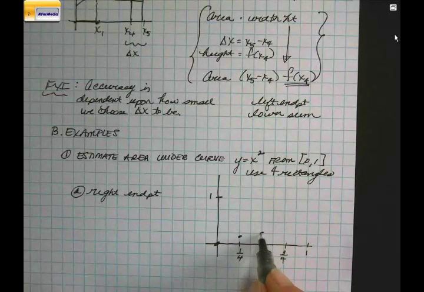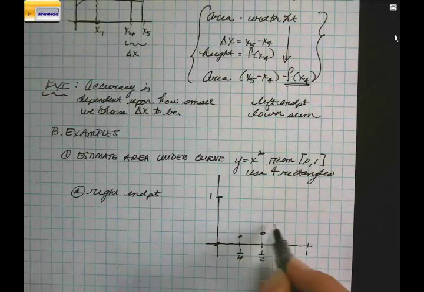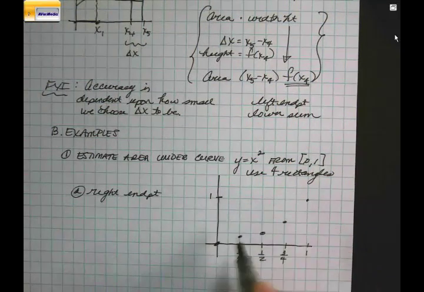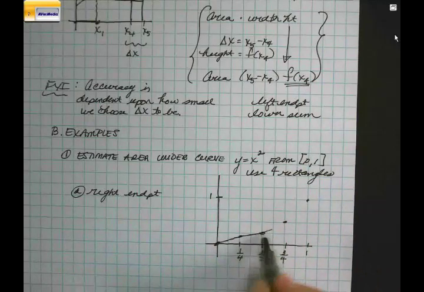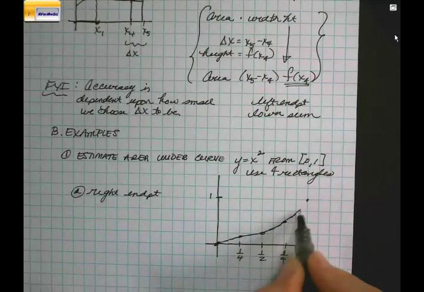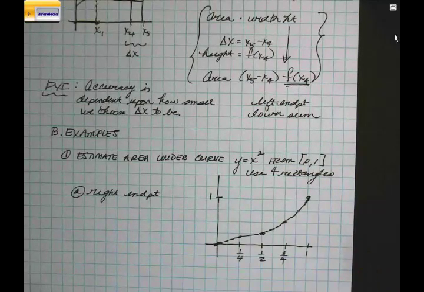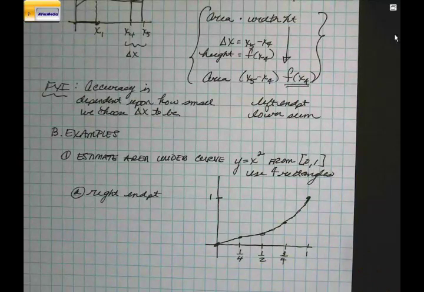Okay, at 1/2, it'll be 1/4. At 3/4, it'll be 9/16. And at 1, it'll be 1. So this is supposed to be a parabola, people. Okay, like that. Okay, so there's an estimate of the graph.